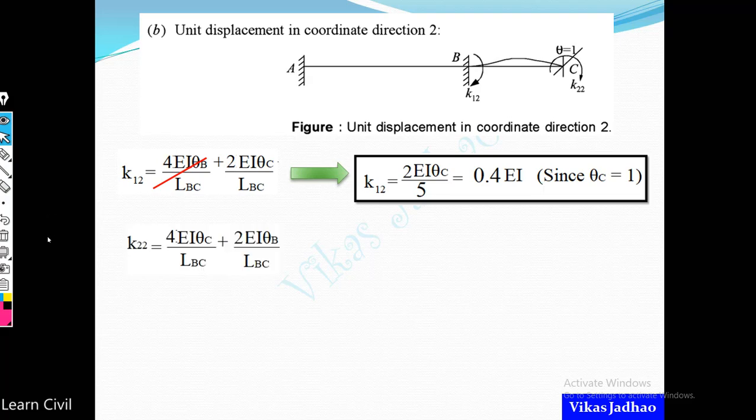Similarly, the value of k22 will be the stiffness of member CB, and it will be given by this formula, that is 4 EI theta C divided by LBC plus twice EI theta B divided by LBC.